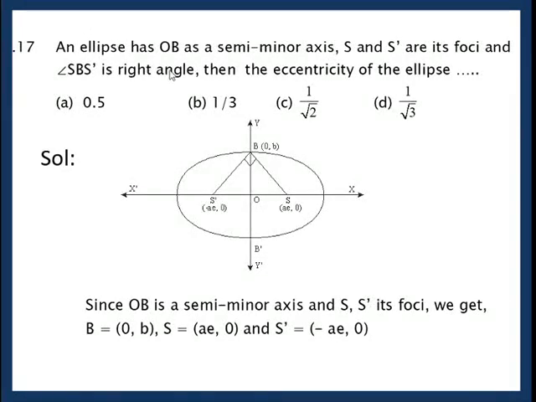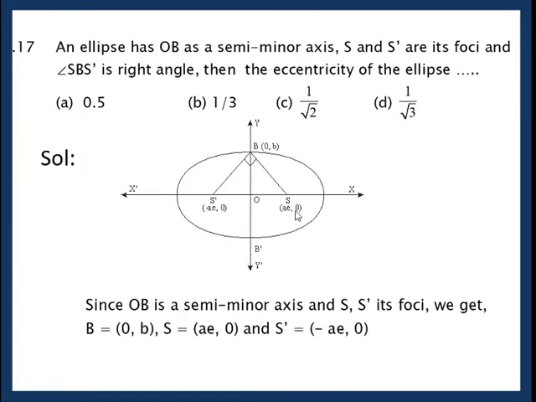An ellipse has OB as a semi-minor axis. S and S' are its foci and angle SBS' is a right angle. Then the eccentricity of the ellipse is. See the diagram. This angle is a right angle. So clearly SB is perpendicular to S'B. So the product of slopes is −1.